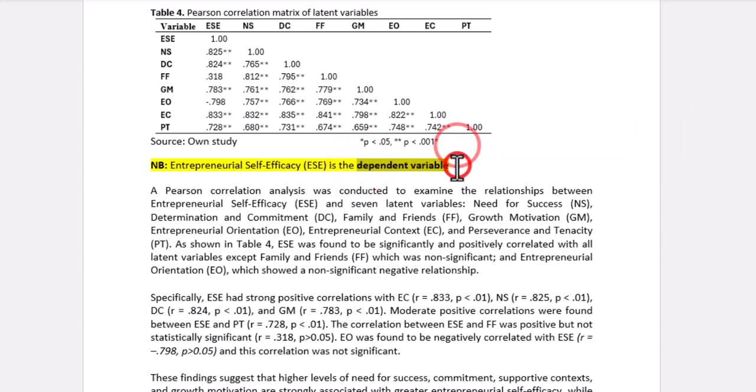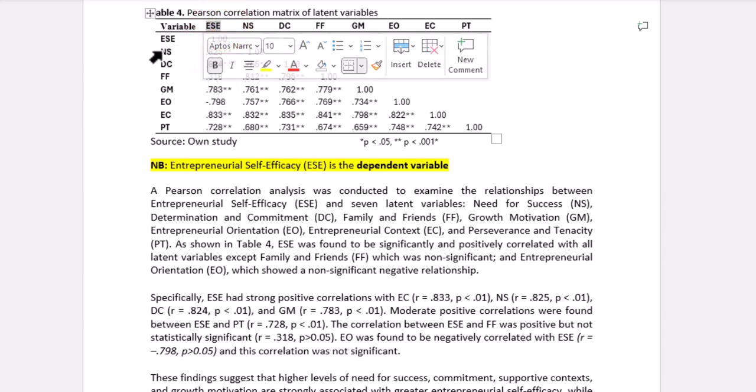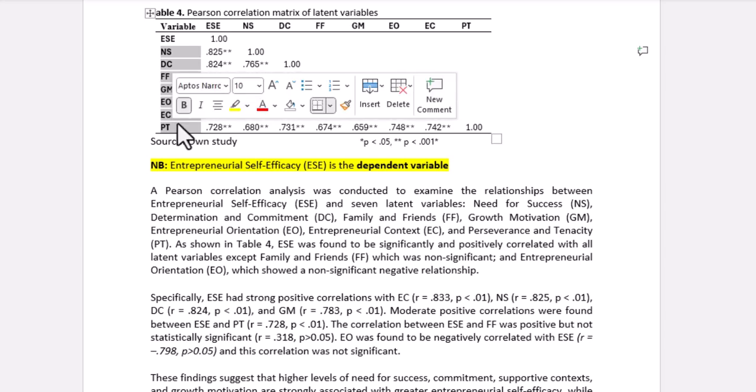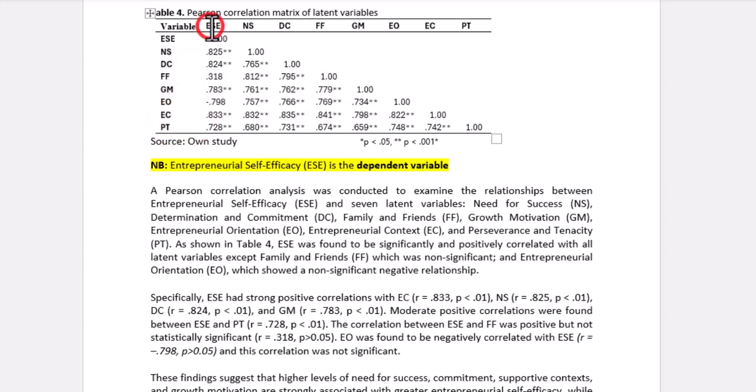You should note that whenever you are presenting correlation analysis results, the dependent variable should be in the first column, like this, so that you can interpret the correlation between this variable and all the other variables.